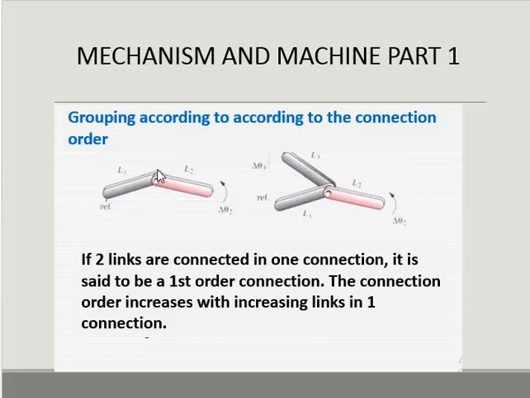They have one joint. If we have a third link and joint like this, we can call this a two joint. Not only one joint, it is two joints, because we increase one link connection and so on.